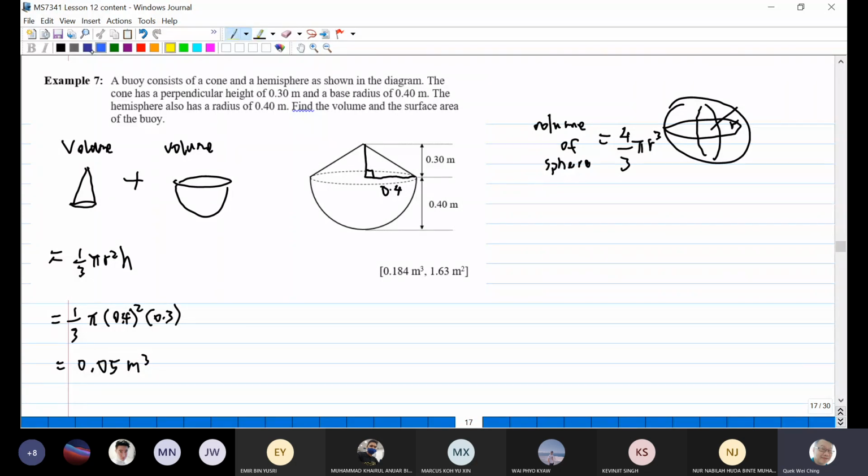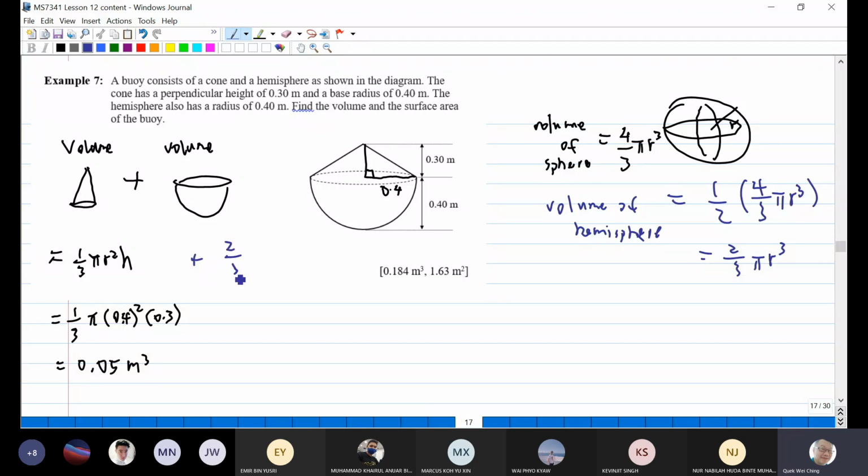So the volume of the hemisphere is half of 4/3 pi r cube. It becomes 2/3 pi r cube.